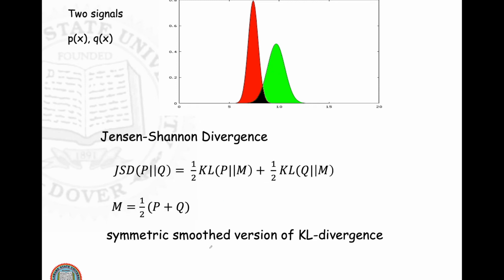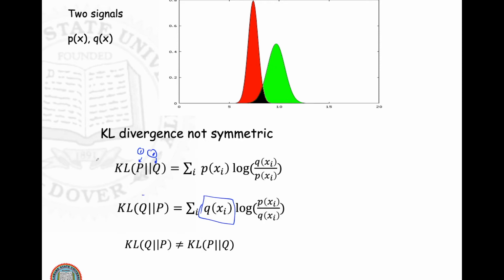We also have this thing called the Jensen-Shannon divergence. What the Jensen-Shannon divergence does is it is a symmetric version of the KL divergence. It smooths out the KL divergence, and so it tries to correct for that discrepancy where KL divergence is not symmetric.